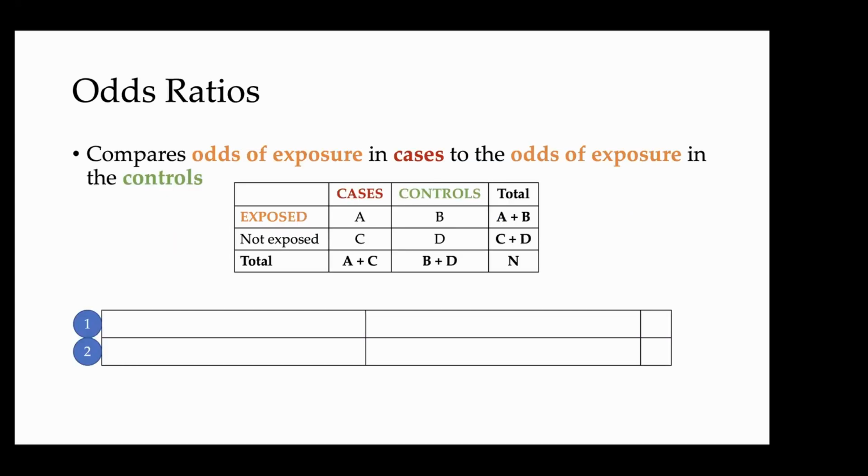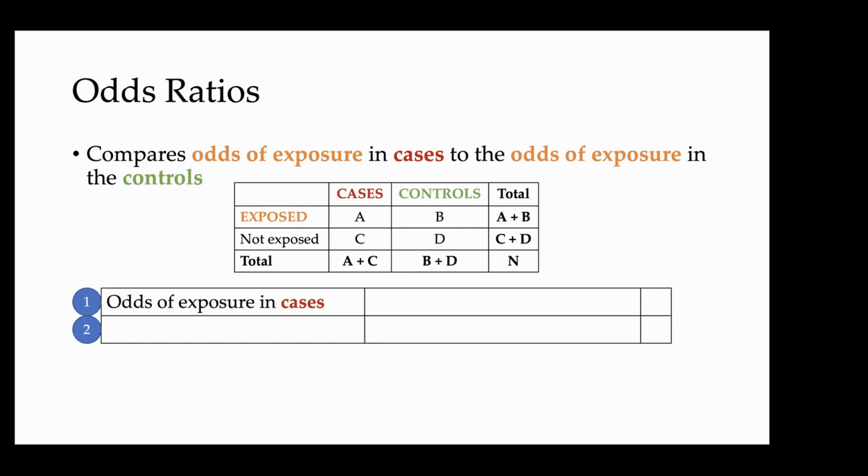Once we've constructed our 2x2 table, the next step is to calculate our odds ratio. If you think of a court of law reference, the odds ratio is going to be the evidence that we need to support the fact that a certain exposure is associated with a disease. It's a ratio, so there are two pieces that you need when calculating an odds ratio. The first is the odds of exposure in our cases.